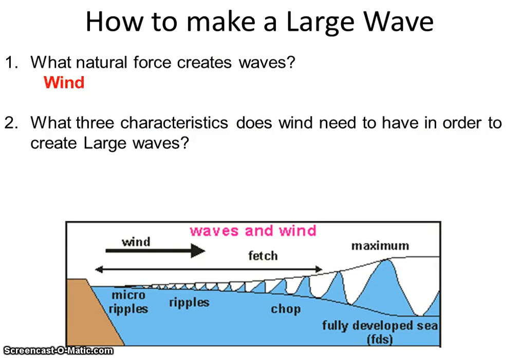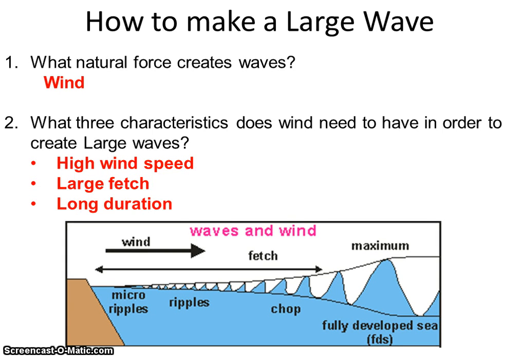Waves are created by wind. The waves that we see in the ocean are created by wind. And not just any wind will create a large wave. Wind needs to have certain qualities in order to create large waves. Specifically, it needs to be fast-blowing wind, blowing over a large distance, what's known as fetch, for a long period of time.